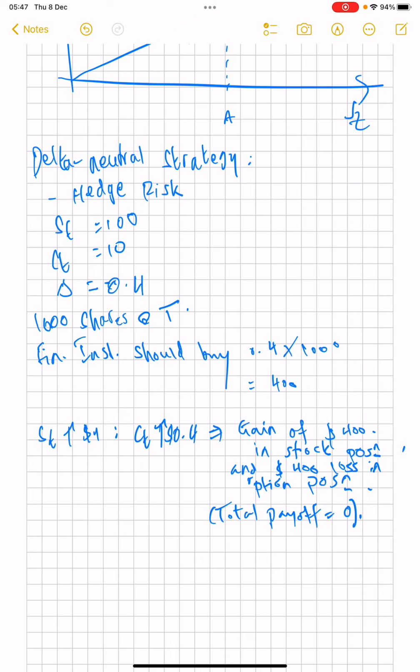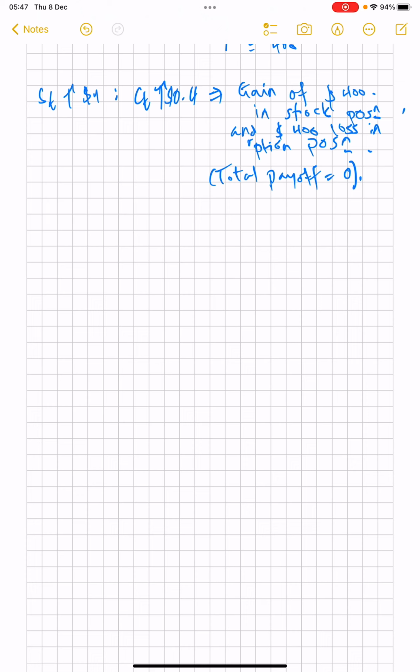Okay, so I'm going to show delta hedging here. Underlying stock is 20. So let me just show you the portfolio value and stock price.